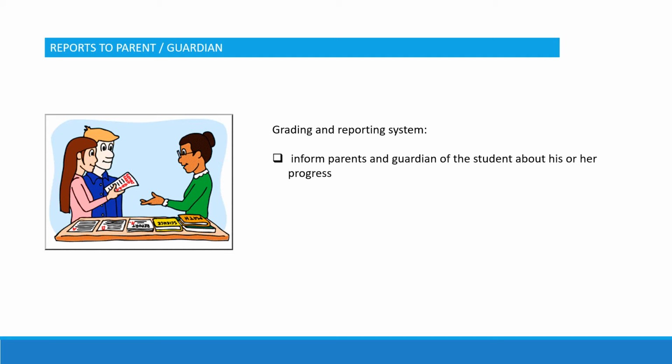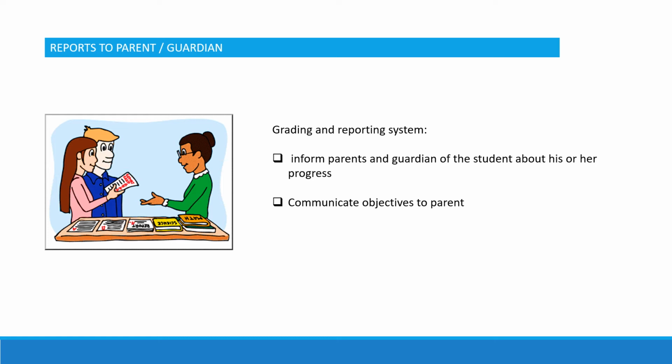The grading and reporting system informs parents and guardians about the student's progress. It allows parents to determine whether their children are performing well or not inside the class. Second, it communicates objectives to the parents. Of course, whether their children are performing well or not, parents need to be informed about the objectives.